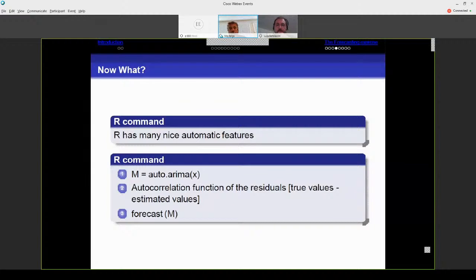Okay, suppose the model is called M, I call M a mathematical model trained on the variable x, the positive. So I just type auto.arima x, and R immediately stores all the information in this object M. Then we can do these two commands, autocorrelation and forecast, and everything is done.